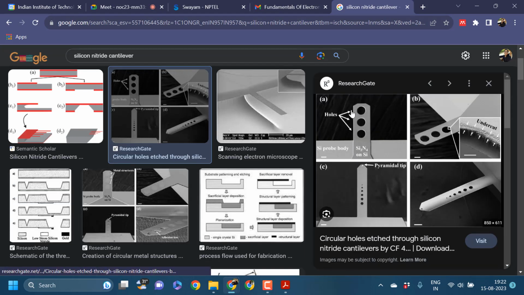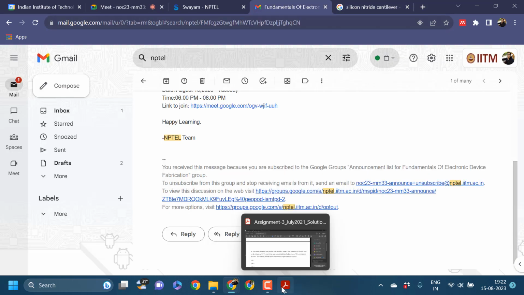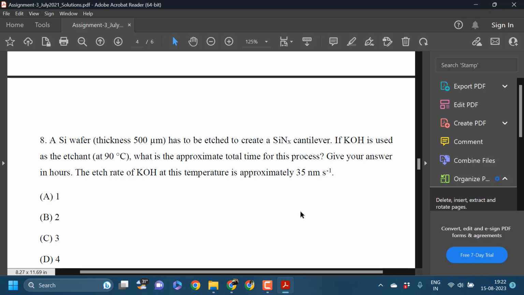Suppose in your circuit somewhere you have something like this. One part will be attached, one end will be free. That is a cantilever. Is that clear? So now can you solve and tell me the answer?